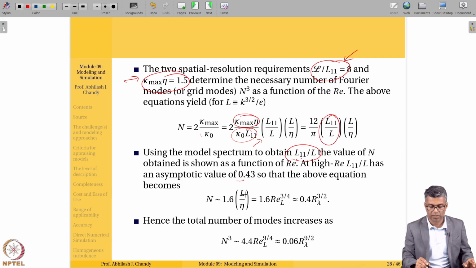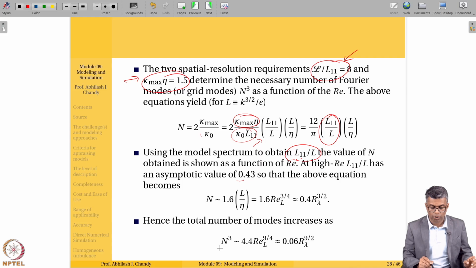L over eta is basically the integral length scale divided by eta. This we already determined as an expression of Reynolds number, which is Re_L to the 3/4. So it will be 1.6 times Re_L to the 3/4. In terms of the Taylor scale Reynolds number, it is something else. So it would be 0.4 R lambda to the 3/2.